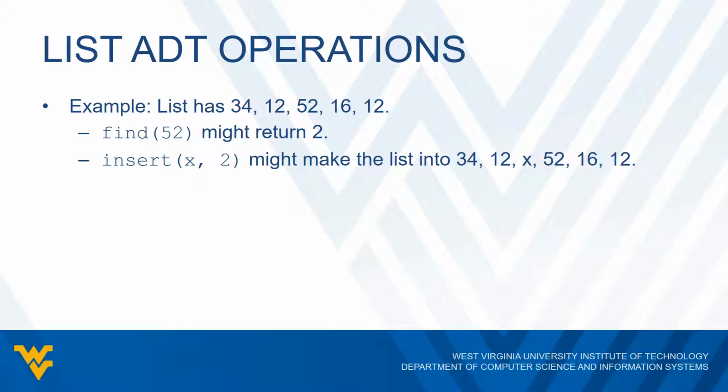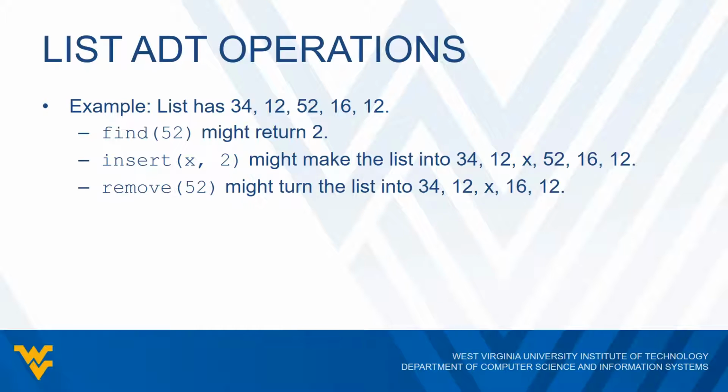If we did something like insert x, 2, so here we're trying to insert x at position 2, well, this list may become 34, 12, x, 52, 16, 12. And here we're saying it doesn't matter what the data type is, we can have numbers or letters or characters and so forth. If we were then to call remove 52, maybe this would turn the list into 34, 12, x, 16, and then 12.